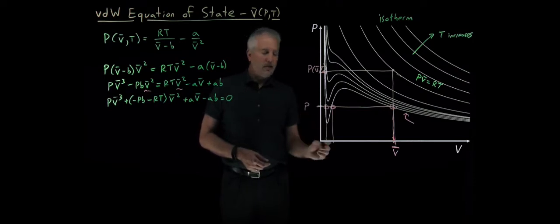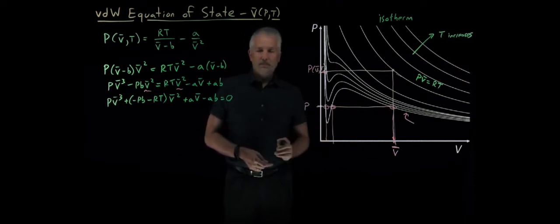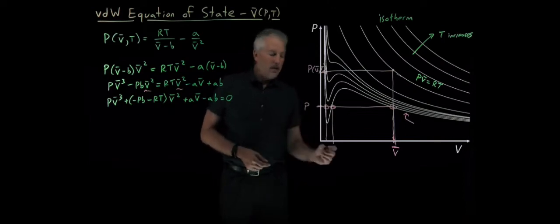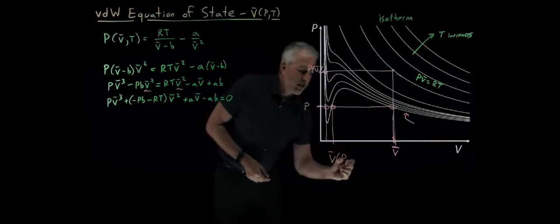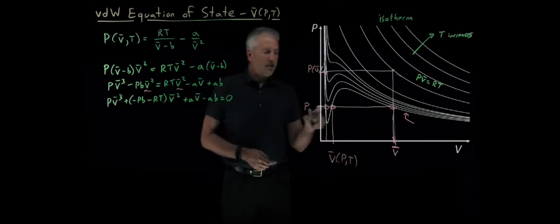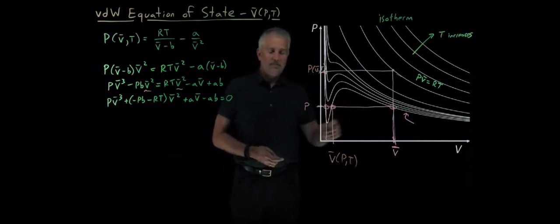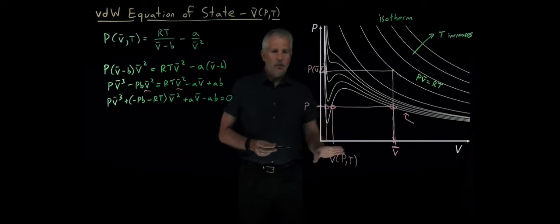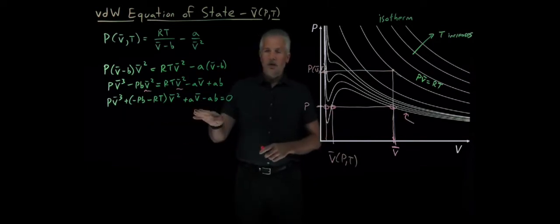So there's three different solutions to the question of what molar volume I would get if I have this pressure and this temperature. So that's what we mean when we say there's three different solutions to this cubic equation.